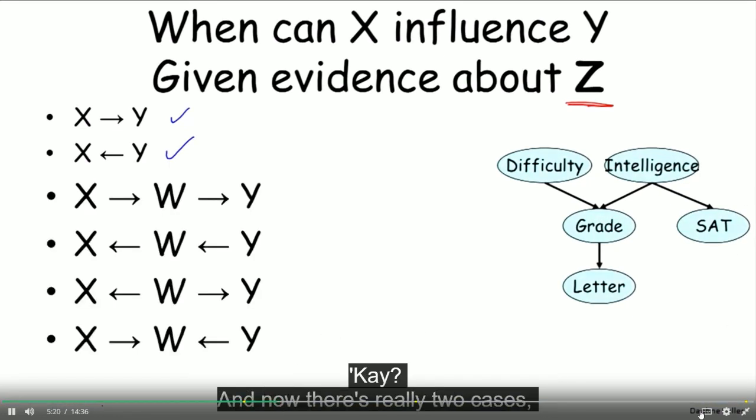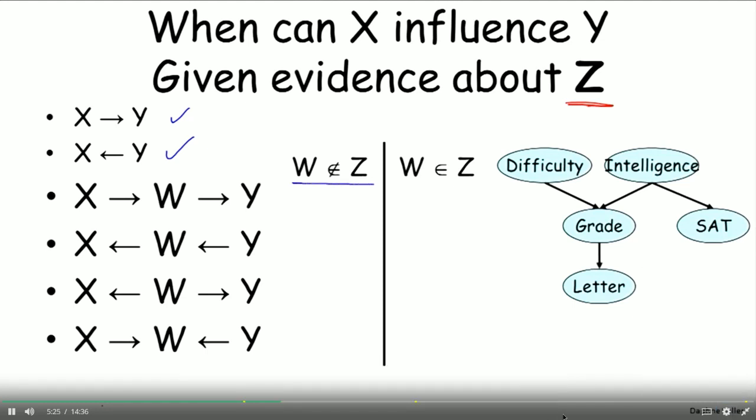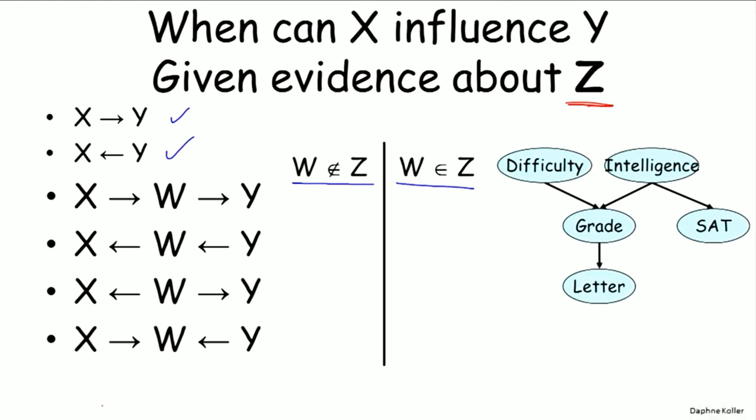There's really 2 cases. Either W is in my evidence set Z, or it's not. So let's start with the case where W is not in my evidence set Z. In this case, I didn't get to observe W, so I'm asking whether X can influence Y via W, and there's really no difference between this case and the previous one.